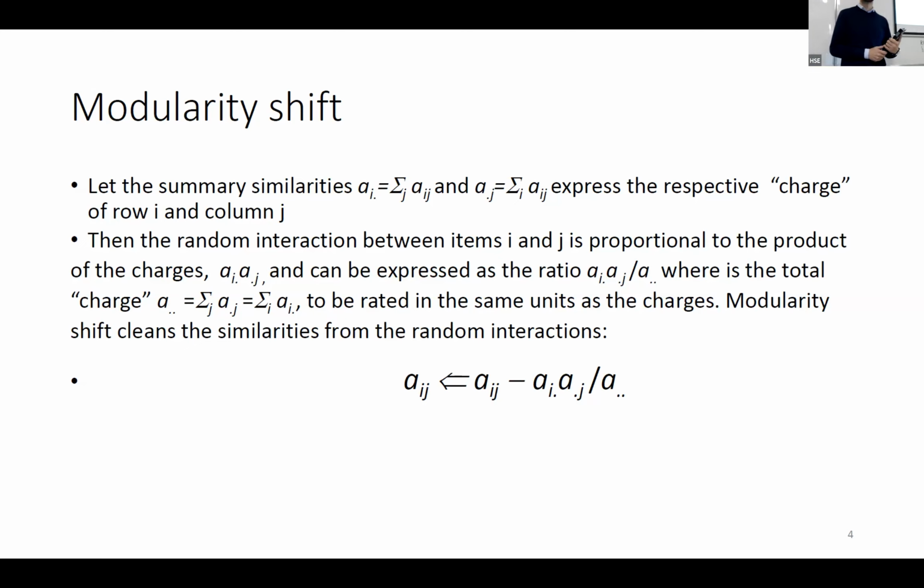This gives us a normalized element in our consensus matrix. Later, I will show the example.